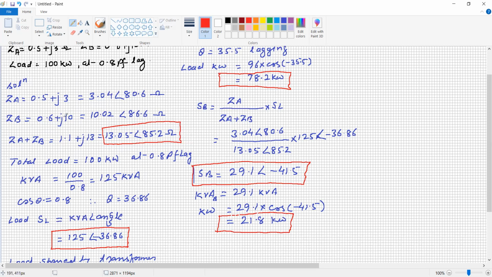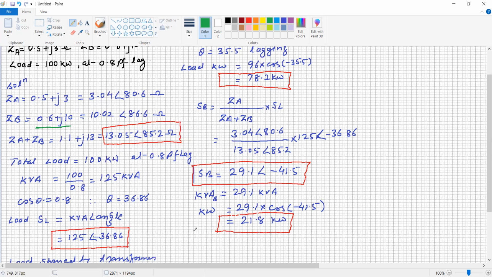See here, the impedance of transformer 2 or transformer B is 0.6 plus J10, which is greater than 0.5 plus J3. So transformer B is sharing less load, whereas the transformer whose impedance is smaller is sharing higher load.